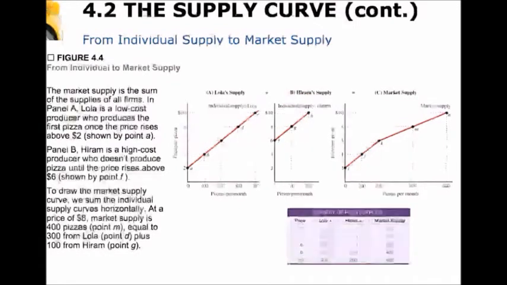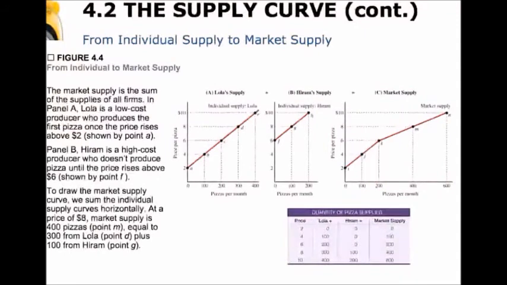But if the price rises up to $8, Lola is willing to supply 300 pizzas per month, and Hiram is above his minimum supply price at $8, so he's willing to supply 100 pizzas per month. So at a market price of $8, Lola will supply 300, Hiram will supply 100, and the total market supply is going to be 400.